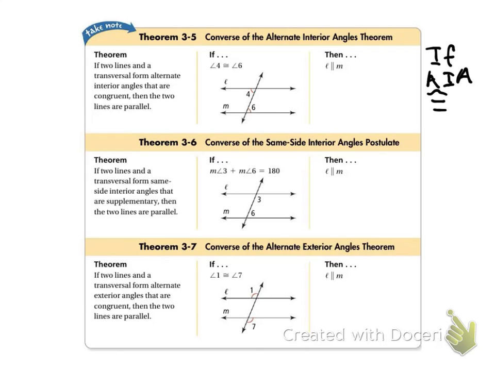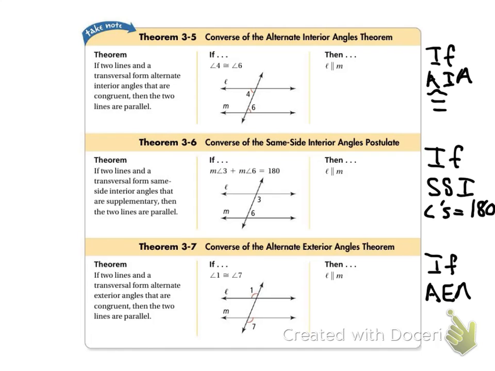The converse of the same side interior angle postulate says if same side interior angles add to 180, then the lines are parallel. And the converse of the alternate exterior angle theorem says if alternate exterior angles are congruent, then the lines are parallel.